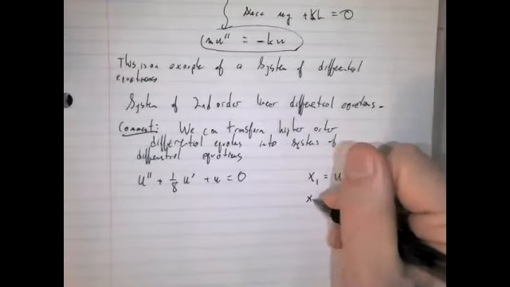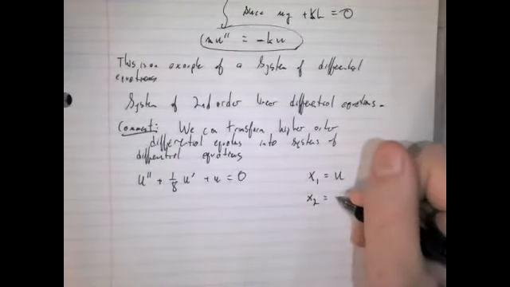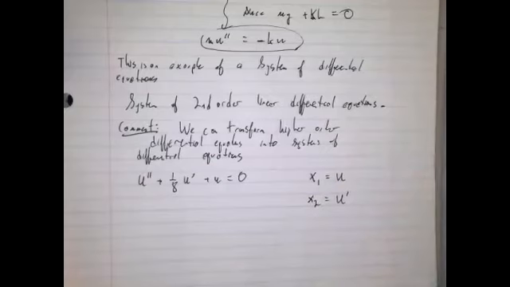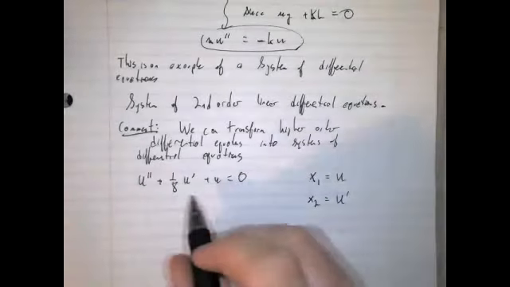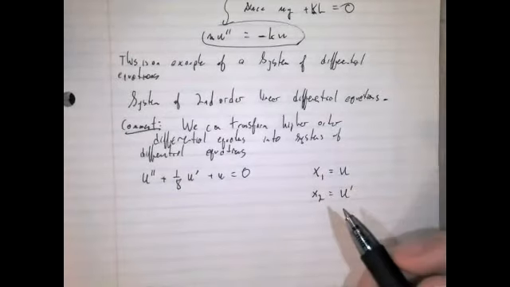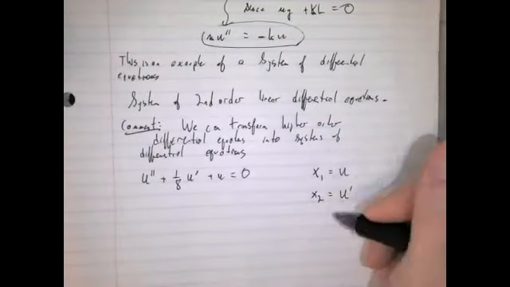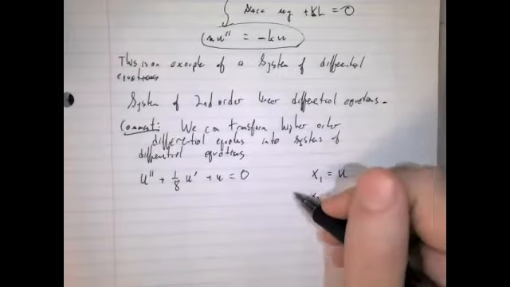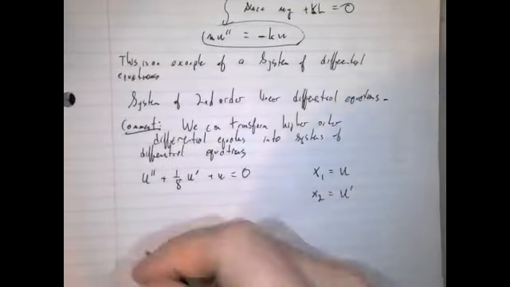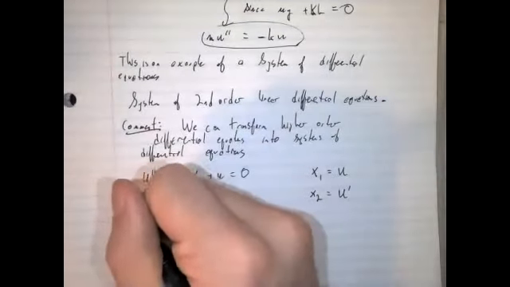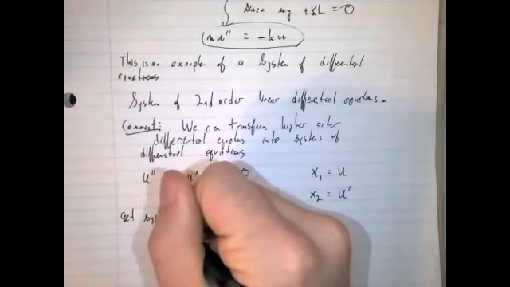And then I make a new function x2 and I call that u prime. And then if I substitute in for this differential equation, I get the following collection of differential equations involving my new variables x1 and x2. I get the following system.